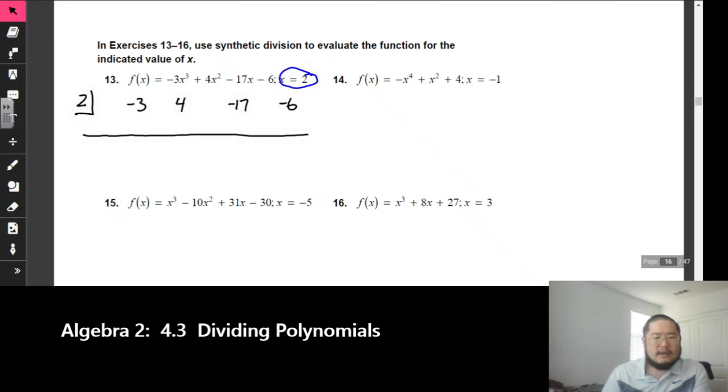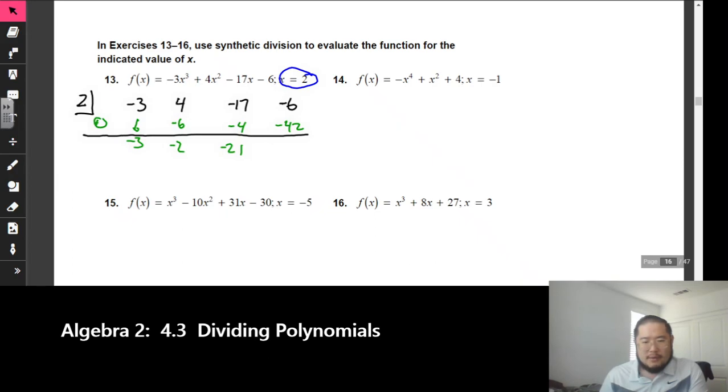And what they're saying here is this. All right, let's go ahead. I'll bring this down. We got -3. -3 times 2, -6. 4 plus, right, don't forget we're adding, 4 plus -6, -2. -2 times 2, -4. Add this up, we end up with -21. -21 times 2, we get -42.